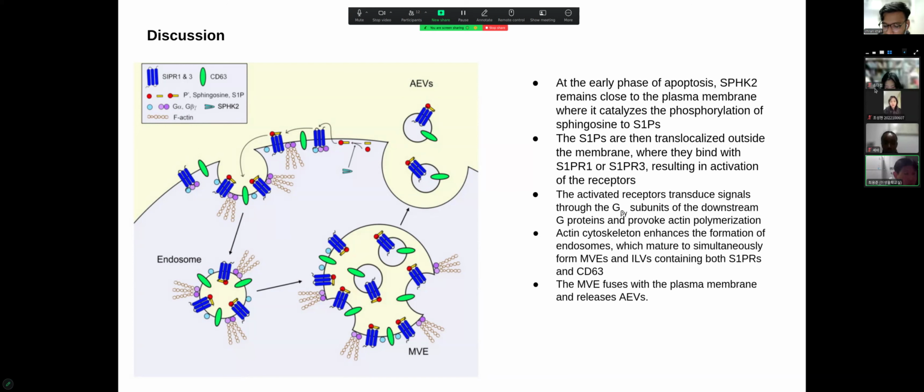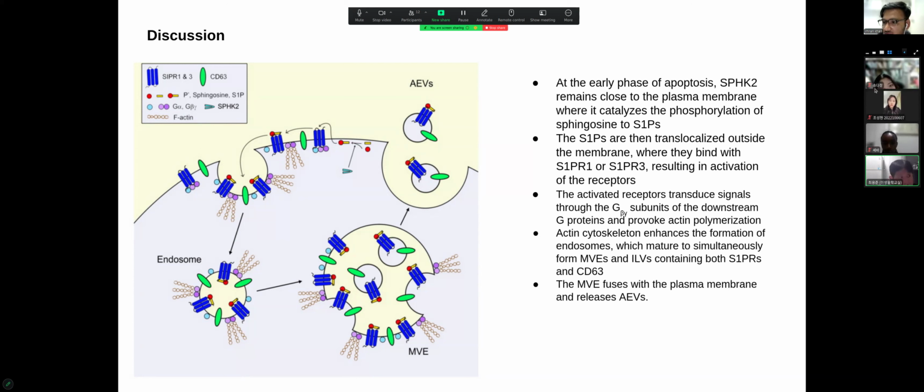Because CD63 is a tetraspanin protein involved in trafficking and cargo, I can understand. It is a transmembrane protein, highly enriched in the late endosomes and the multivesicular bodies, and exosomes arise from the multivesicular bodies or late endosomes.